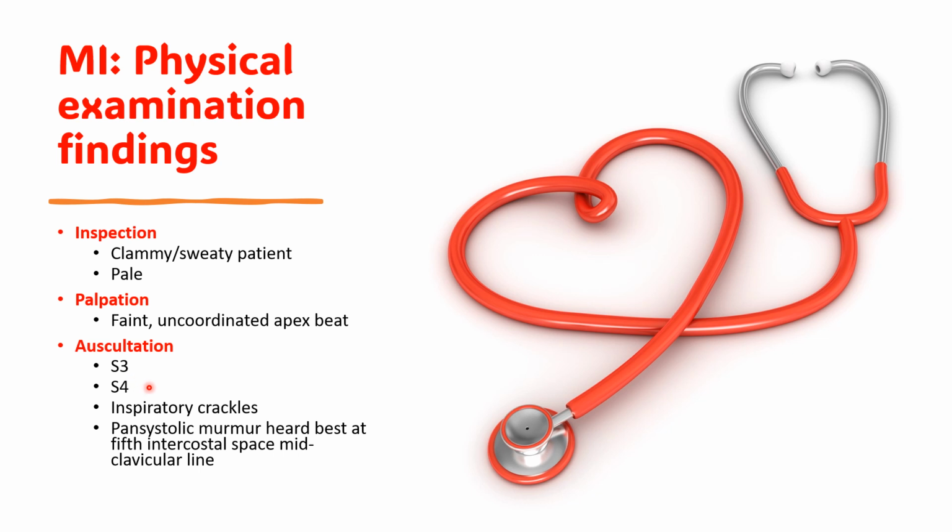So there's reduced diastolic compliance of the ventricle. At end diastole, the left atrium forces blood into a non-compliant left ventricle, and that produces S4. S3 can be considered normal sometimes, particularly in athletes. S4 is always pathological. It's always pathological. Then you might have some inspiratory crackles.